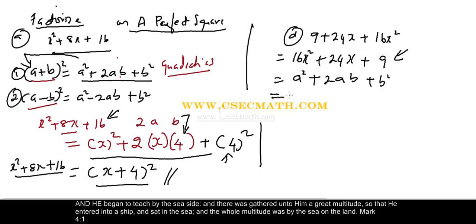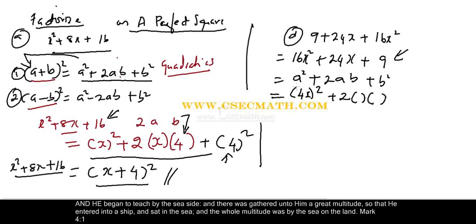Okay, having said that, let us represent 16x squared in form of a squared. That is, let us write 16x squared as (4x) the whole squared, + 24x has to start with a 2, and I have space for two components to represent 24x.